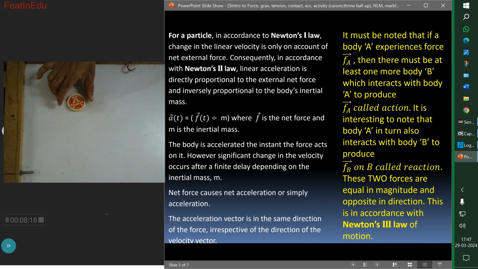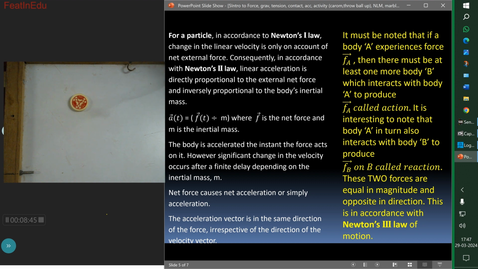So if I had taken a bigger striker, then for the same force, the acceleration would have been less. So acceleration is equal to instantaneous force divided by the mass, F bar t by M, where F bar t is the net force and M is the inertial mass.